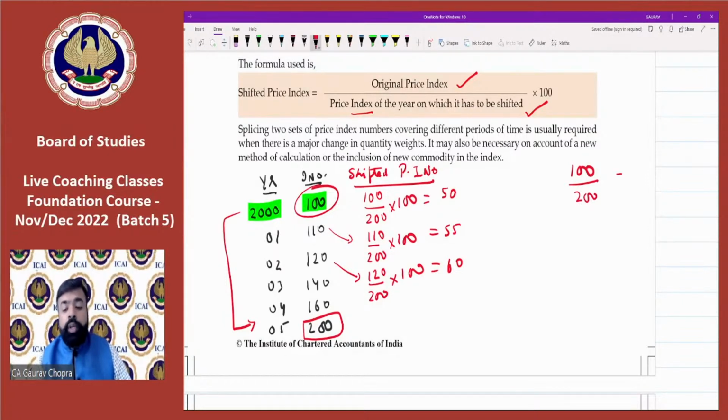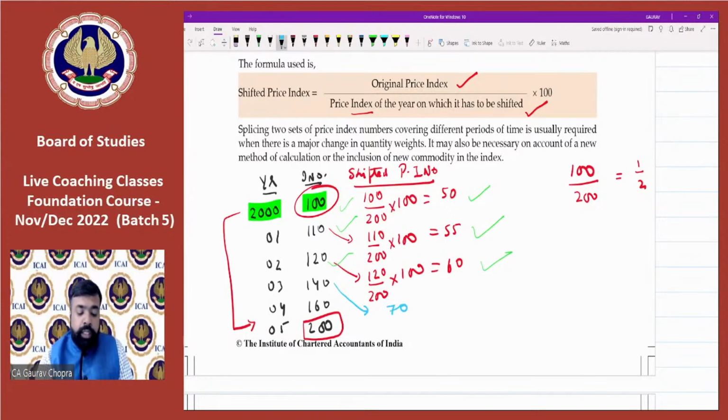So divided by 200. So in short, we have to make half. For every index number, we multiply with half and we will get the result. So 100 multiplied by half is 50. 110 multiplied by half is 55. Then 60. Similarly, we can calculate 70, 80, and for the last one, 100. So in this manner, we can calculate directly the shifted price index number. Okay.